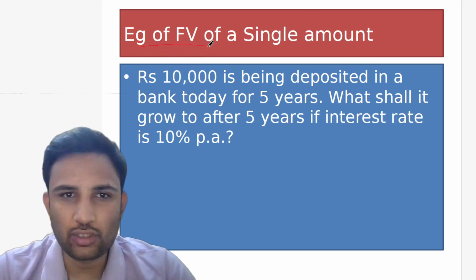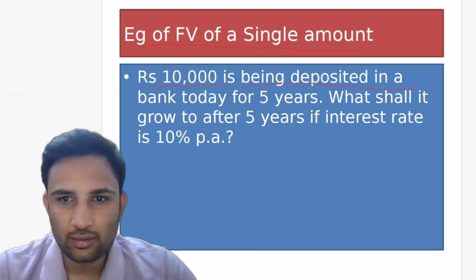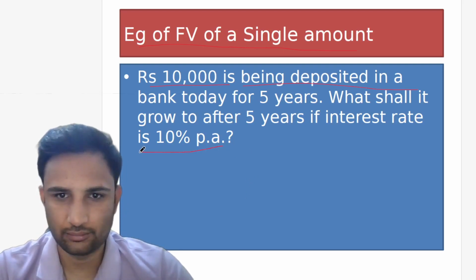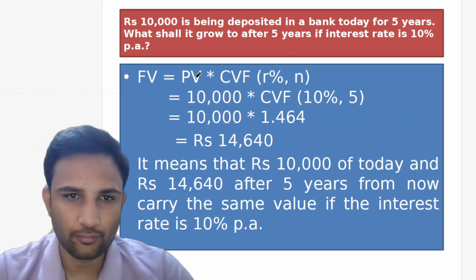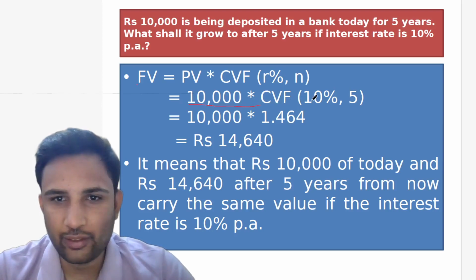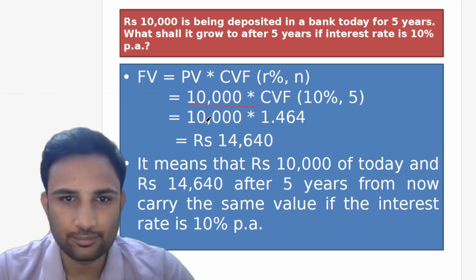So, an example of a future value of a single amount. Let's suppose rupees 10,000 is being deposited in a bank today for 5 years. What shall it grow to after 5 years if the interest rate is 10% per annum? So the formula is 10,000 multiplied by CVF at 10% interest for 5 years.